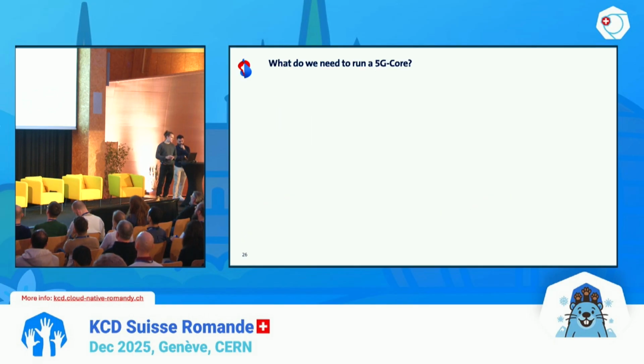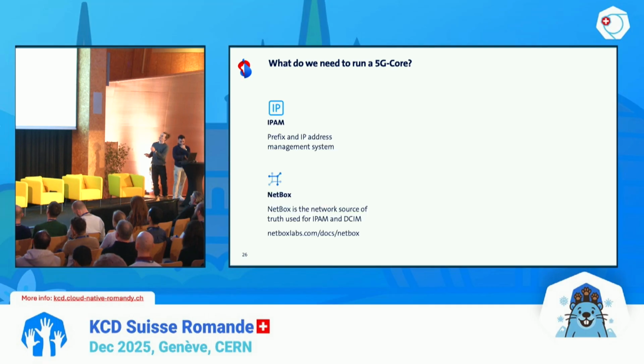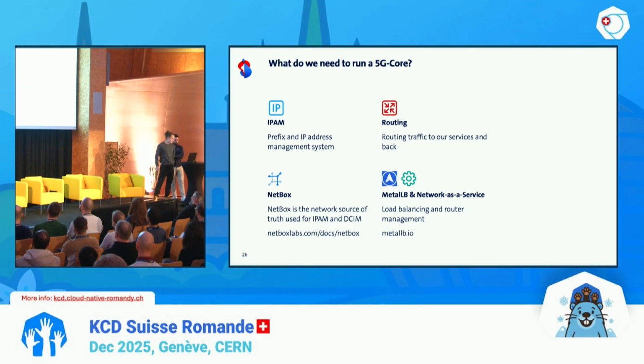All right, so if I want to list down what we need: first, we need IPAM, prefixes and an IP address management system. For this, we use NetBox, an open source tool. Then we need routing. For routing, we use MetalLB on one side, and then we also have a network as a service.